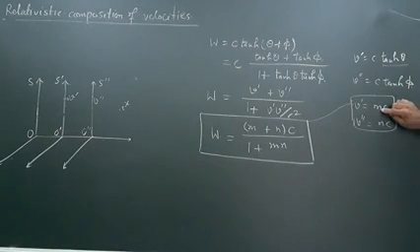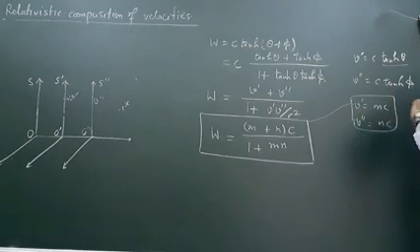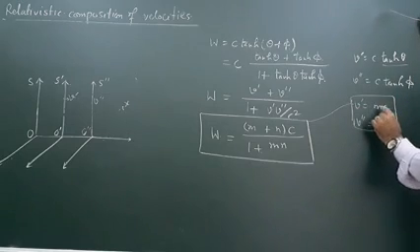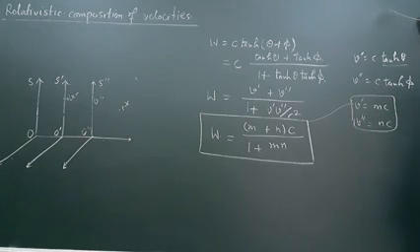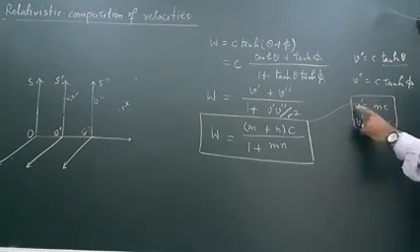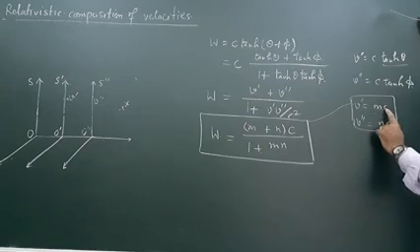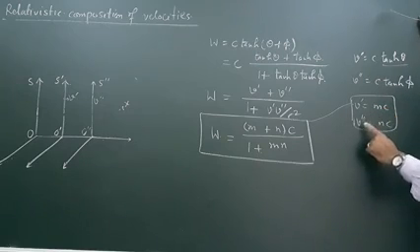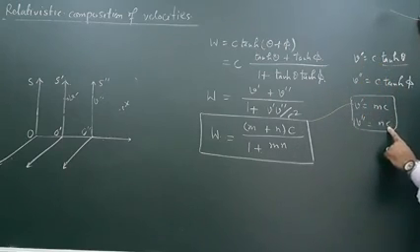Let us consider the simplest case, when m and n both are equal to 1. What happens? It means the second frame is moving with respect to the first one with the velocity of light, and the third frame is moving with respect to the second with the velocity of light.